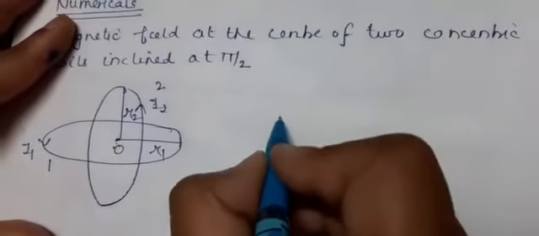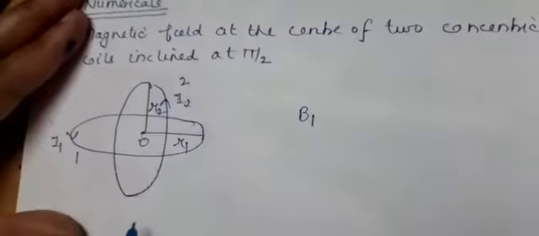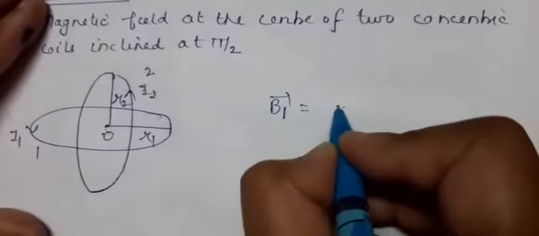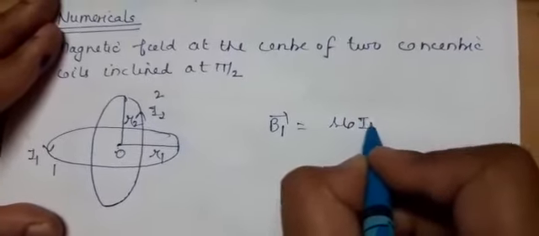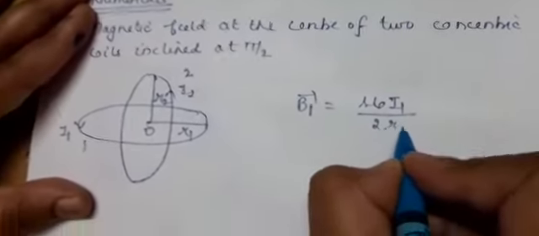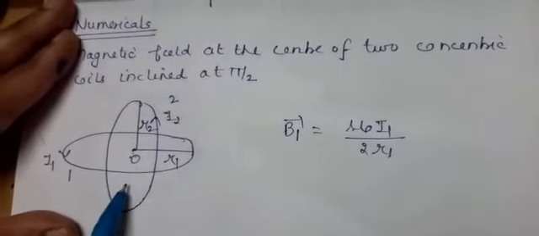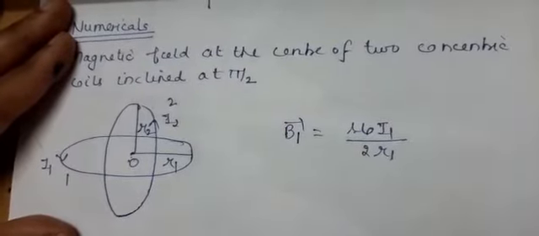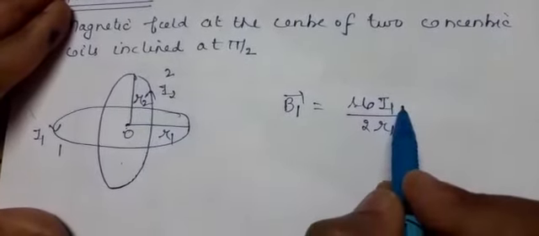So the magnetic field at the center of loop 1, I will represent by B1. What is the formula of magnetic field? That is mu naught I1 upon 2 R1. As no number of turns has been given, but if the number of turns has to be specified, then you will multiply by the number of turns.